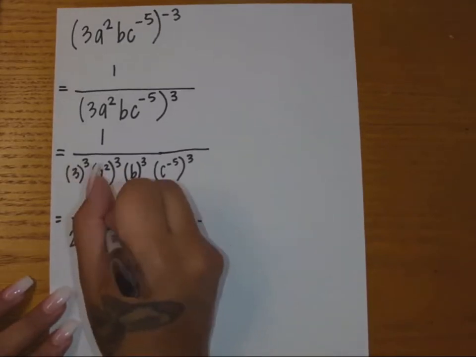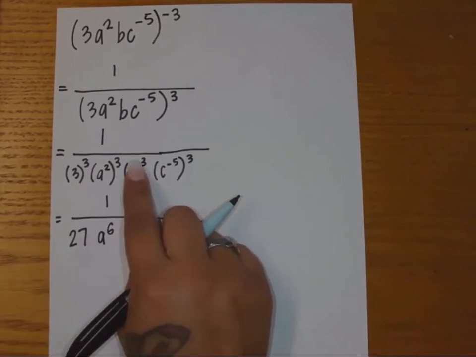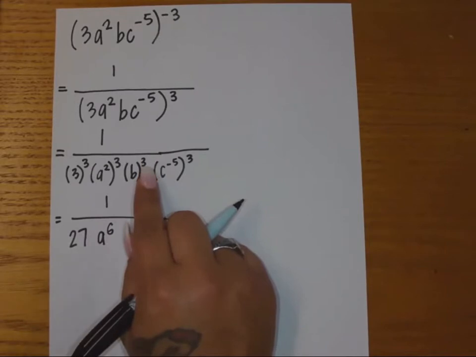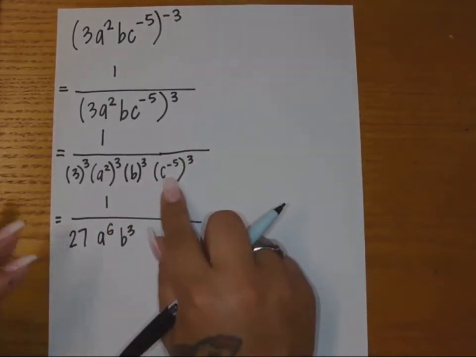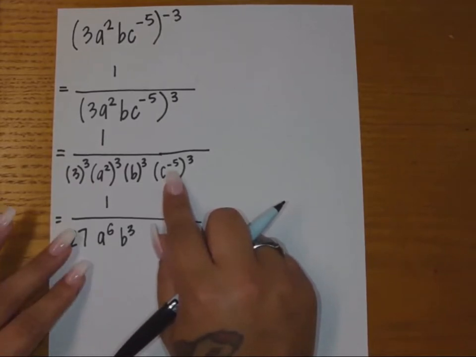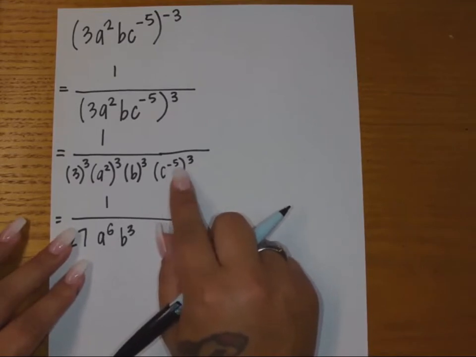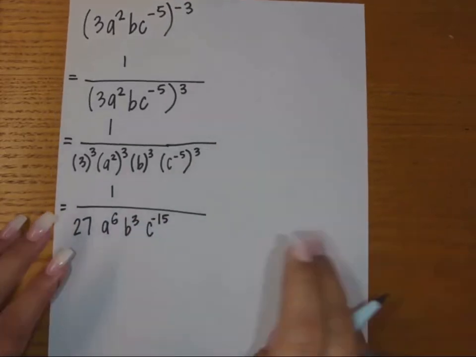So I get a to the 6th power. And this is technically a power rule because there's that invisible 1. So it's power to a power, multiply your powers. 3 times 1 is 3. And then right here, I have c raised to the negative 5th power, raised to the 3rd power. Power to a power, multiply your powers, c to the negative 15.